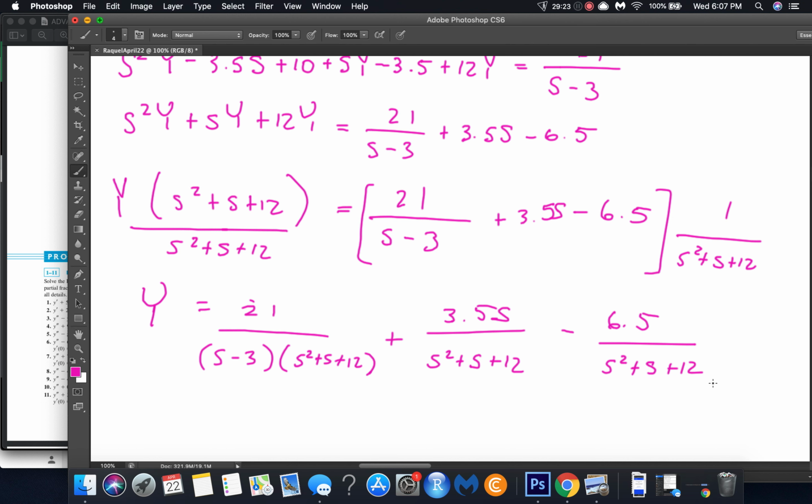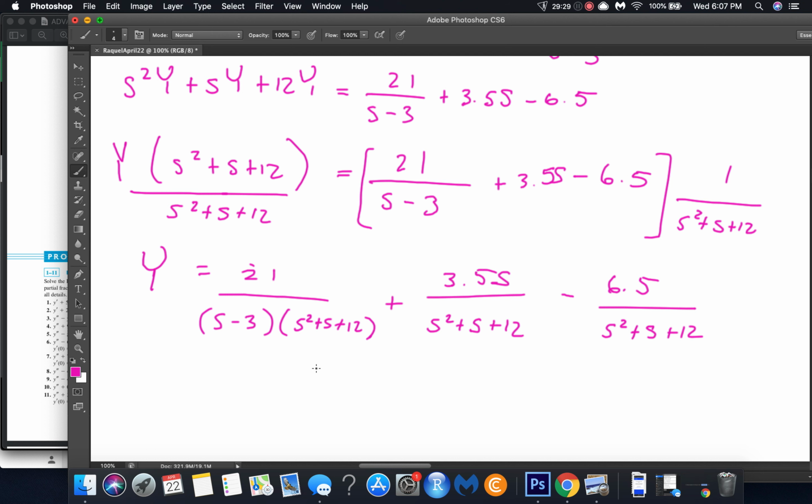Now, hopefully, this one factors into a nice polynomial. Are there any factors of positive 12 that add to 1? I don't think there are.